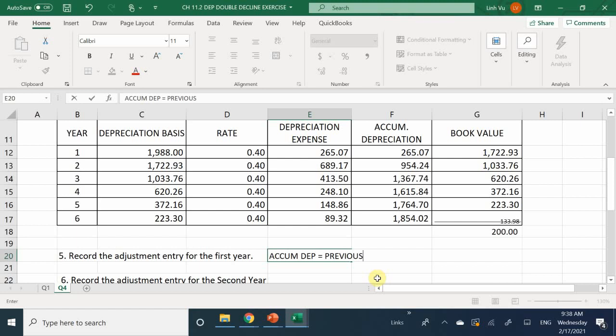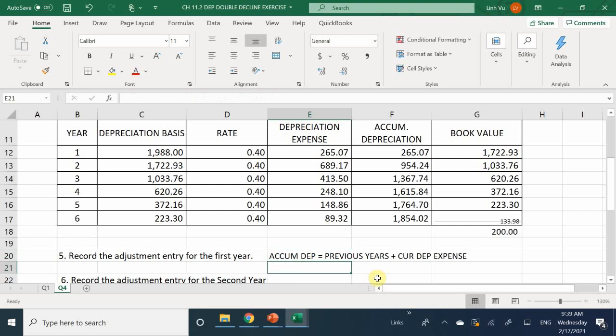Good. Actually, I have to work another one backwards now. In order to solve accumulated depreciation, we know, how do you solve for book value?